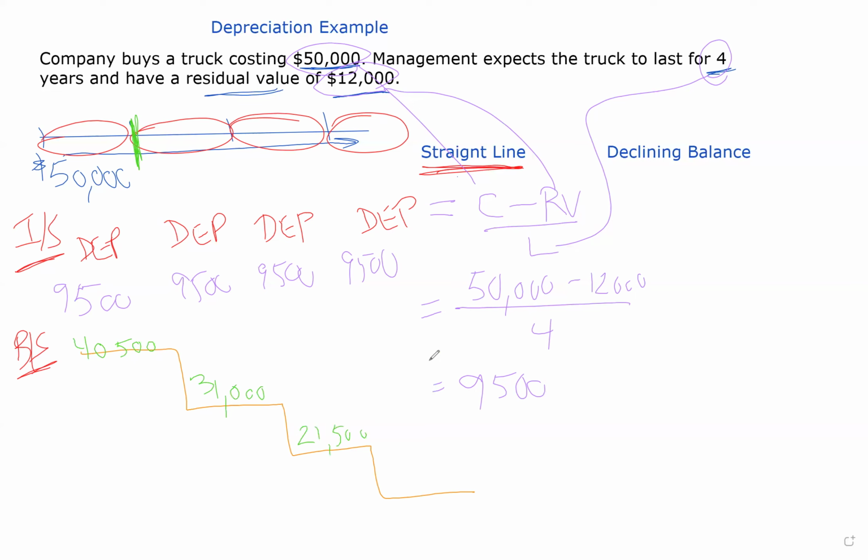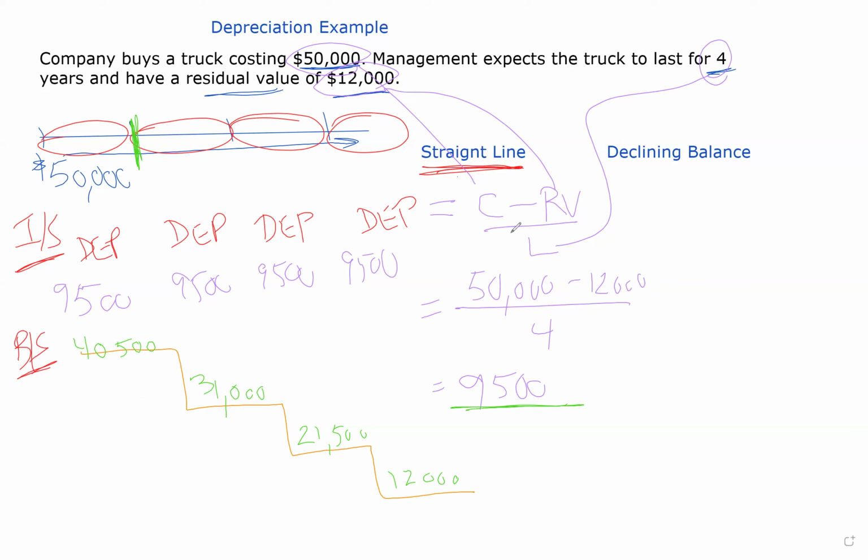And then we carry this down further, and we have the depreciation expense, the last, and it gets us down to the 12,000 residual value. And that's 12,000. So there it is. There's the process using straight line depreciation. The expense is the same each year.